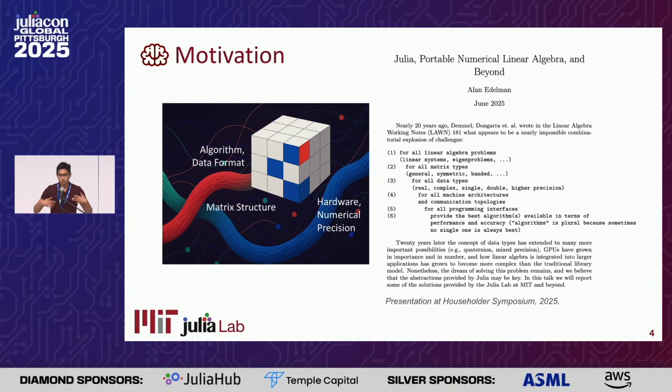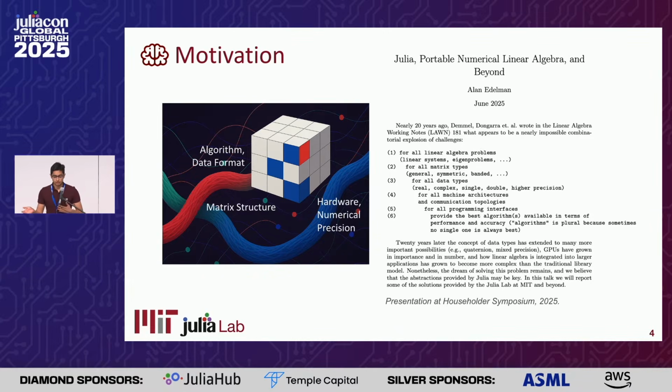All right, so why are we doing this? Well, linear algebra problems have many ways of being solved, and each approach can be more optimal for certain inputs. For example, you may see a 10 to 20 times speedup in certain algorithms depending on what input you provided. There already exist heuristics in current linear algebra packages that attempt to solve this problem by partitioning the input space to certain algorithms.